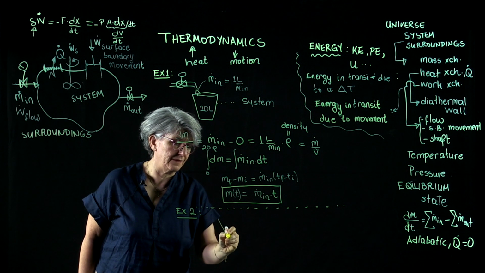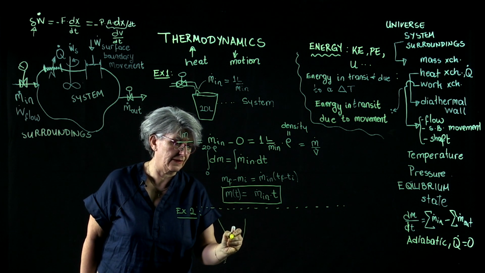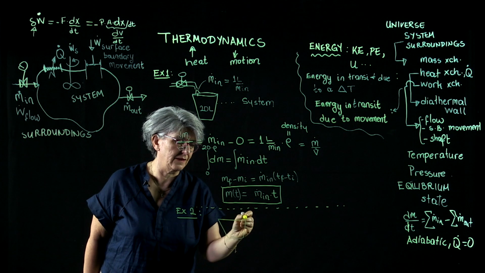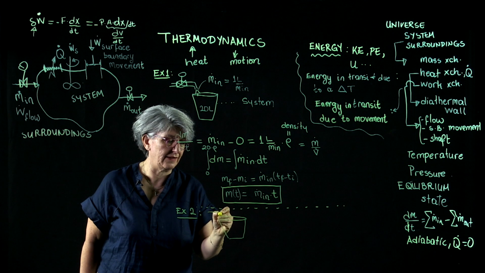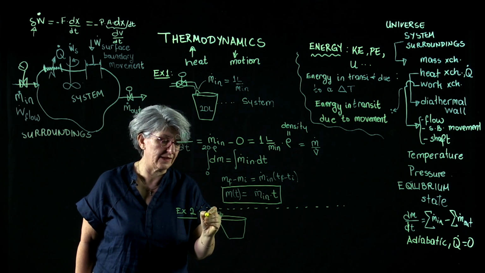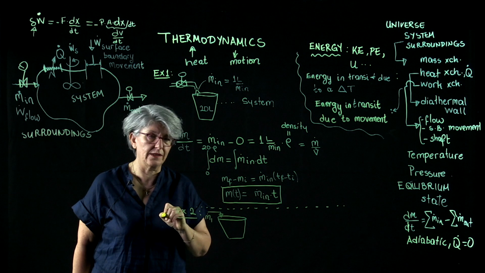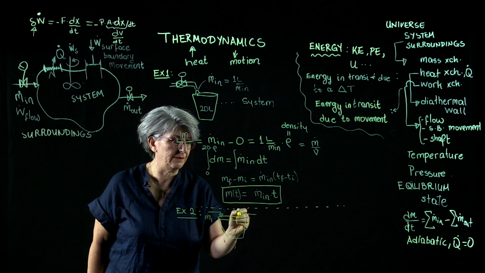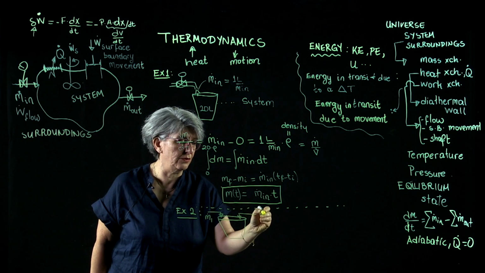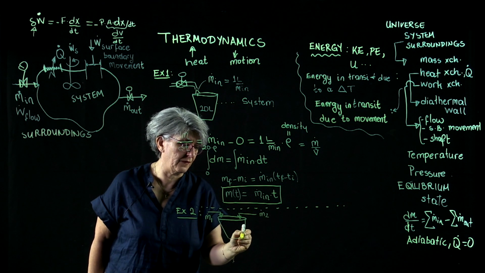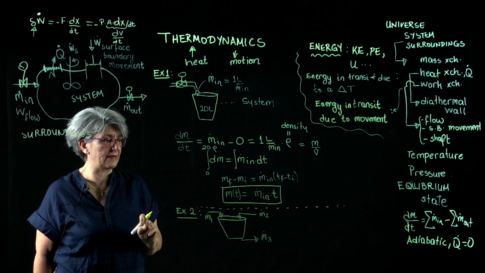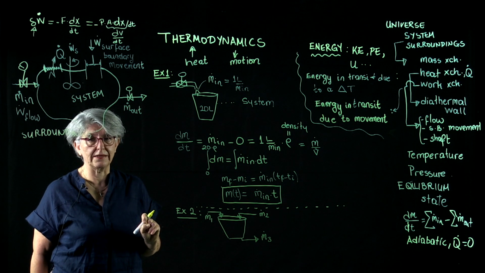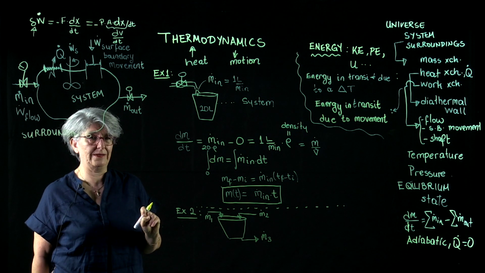That we have another container that takes in mass at m dot 1, another mass at m dot 2, and m dot 3 is the mass flow rate that leaves the system boundaries.